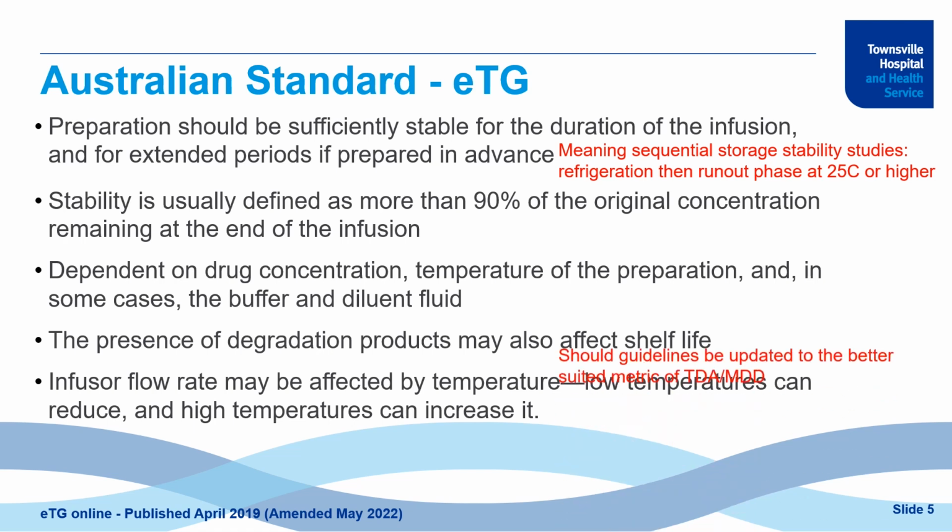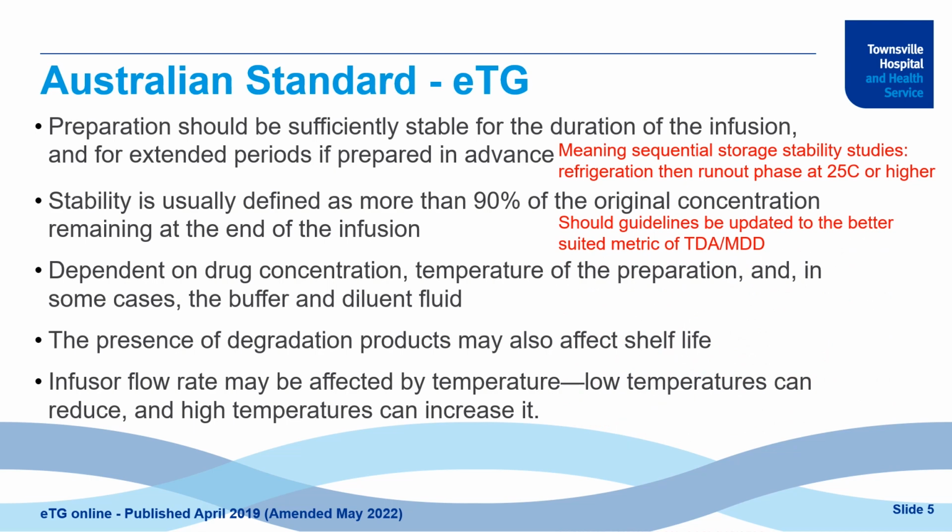The next part is that we use a defined greater than 90% concentration at the end of the infusion. Now, the drawback with this, and I've published some papers around this, other methods, is that it just means that the last milliliter of infusion going in has greater than 90% concentration within it. But really, there are probably better metrics out there, I believe, such as the total dose administered method or the maximum daily delivered dose, which calculates across the full 24-hour period.